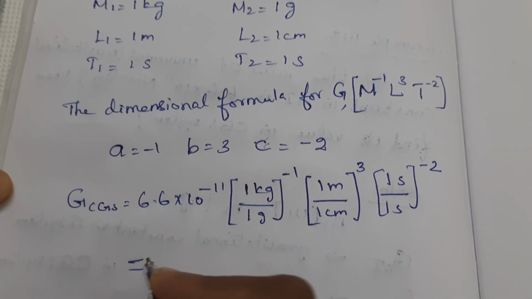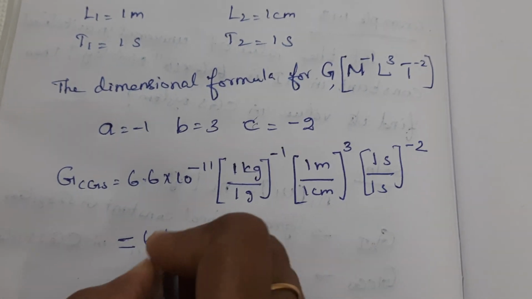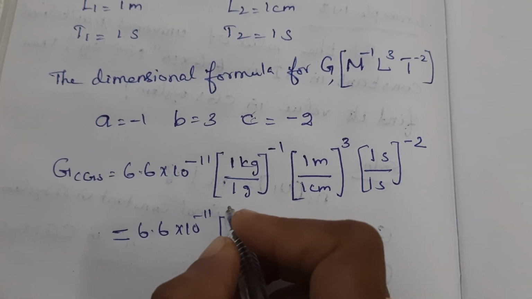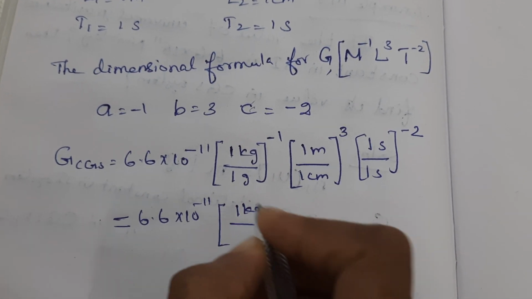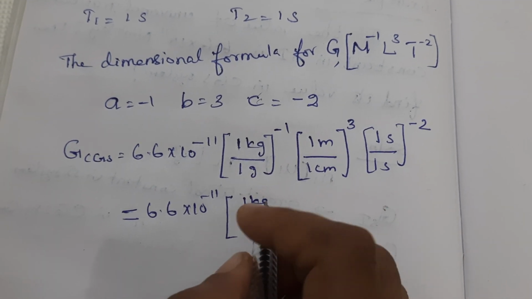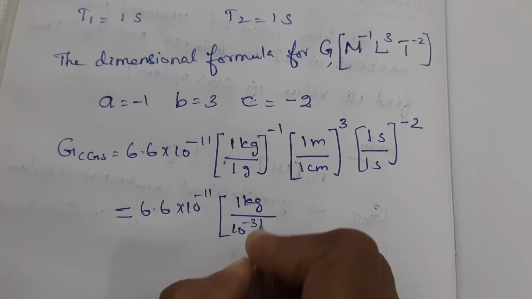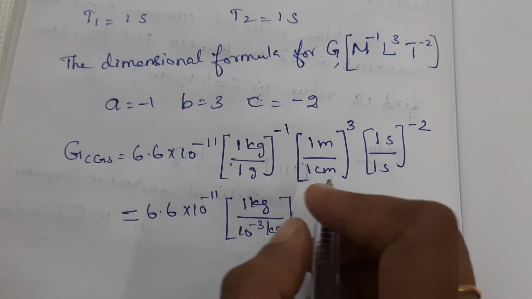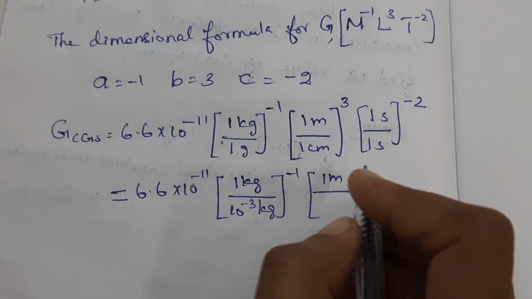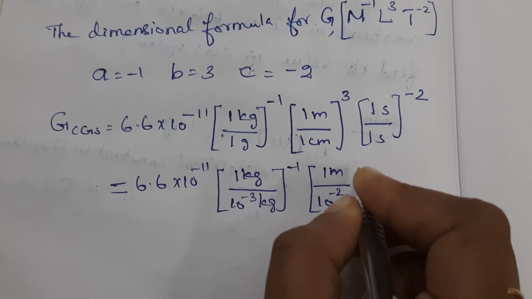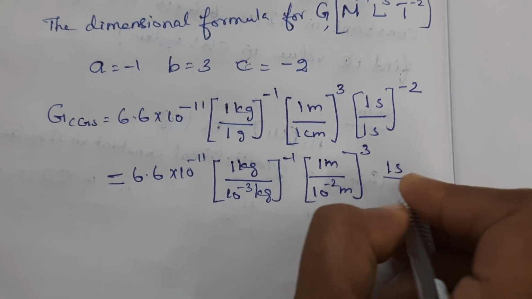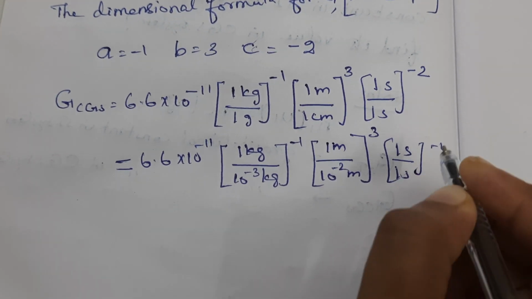Now convert this into CGS system. The value is the same, 6.6 into 10 power minus 11. And 1 kilogram divided by 1 gram can be written as 10 power minus 3 kilogram, the whole power minus 1. 1 meter by 1 centimeter can be written as 10 power minus 2 meter, the whole power 3. Then 1 second by 1 second, the whole power minus 2.